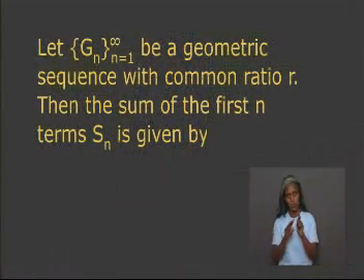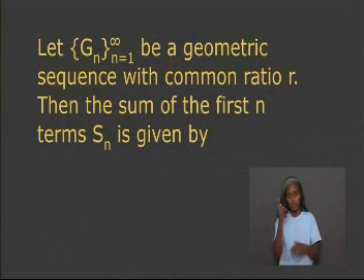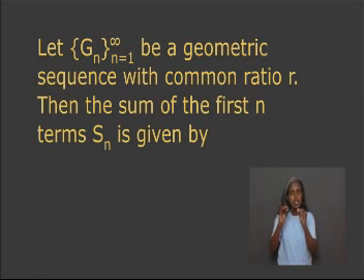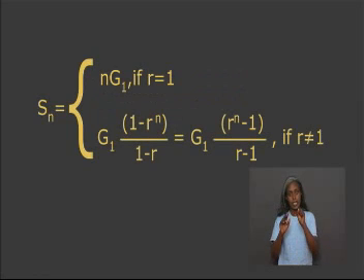We can also find a formula to let us do the same with geometric sequences. Let Gn be a geometric sequence with common ratio r. Then the sum of the first n terms, Sn, is given by Sn equals n g1 if r equals 1.